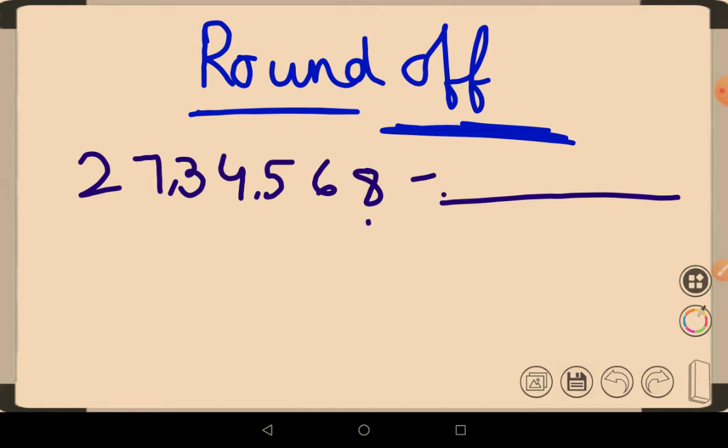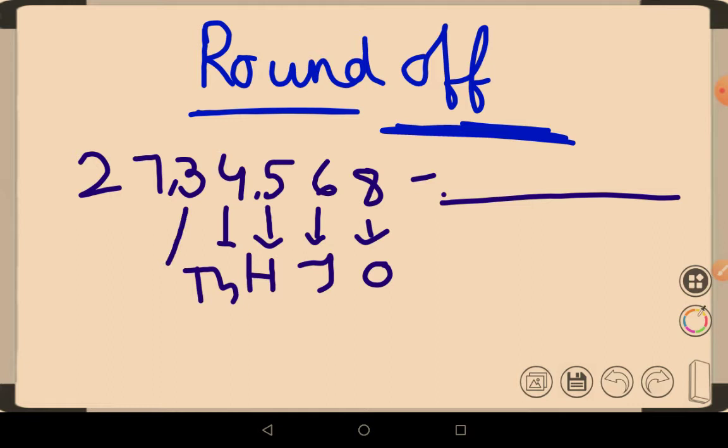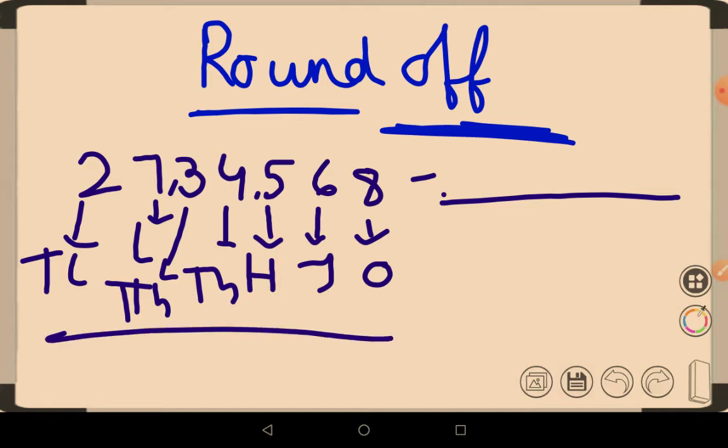So this is on the ones, this is on the tens, this is on the hundreds, this is on the thousands, this is on the 10,000, this is on the lakh, this is on the 10 lakh. These values we know now.